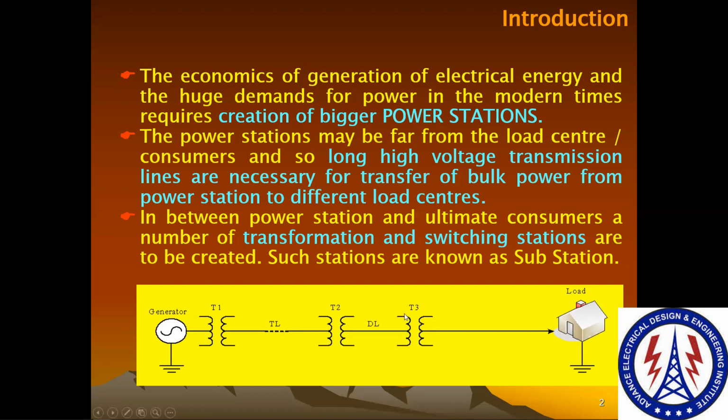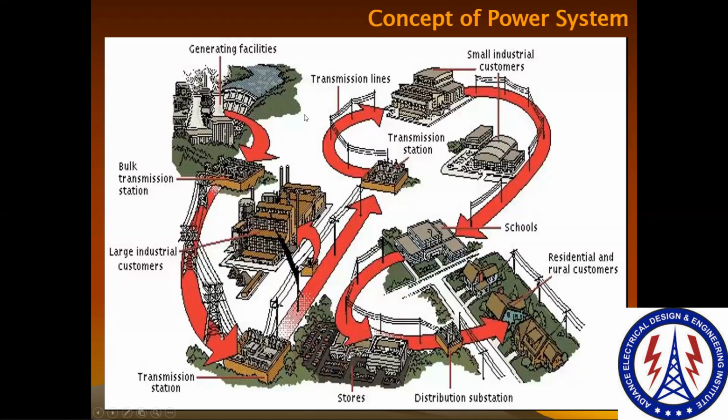For these two main reasons we do power transmission at higher voltage, because then the efficiency will increase and the losses will decrease. This is the general concept: we generate the power and then the bulk power is transmitted to various routes. This is a very simple diagram which we have shown here.